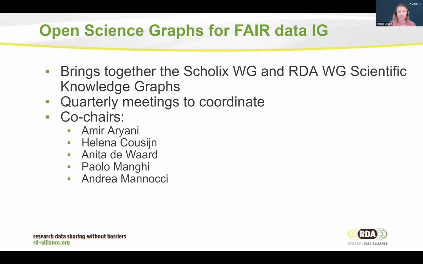So a little bit about the Open Science Graphs for Fair Data Interest Group. I think it's been around for a couple of years, and what it intends to do is bring together the discussions taking place in the Scholix working group and the RDA working group on scientific knowledge graphs, so that we have a place to have those overarching discussions and coordinate.